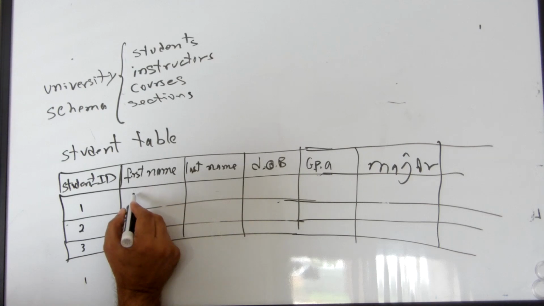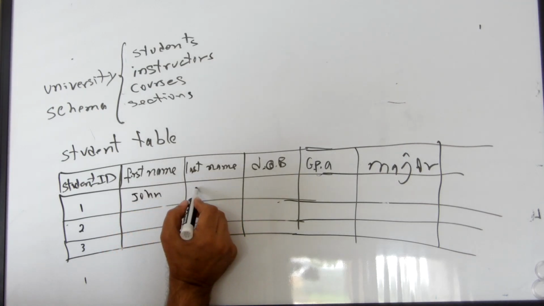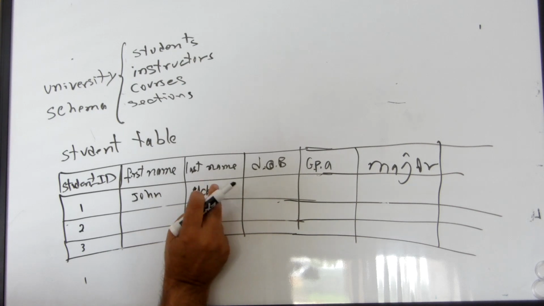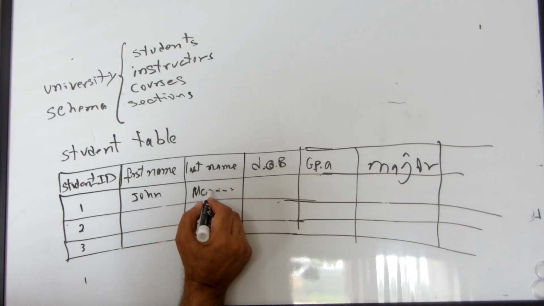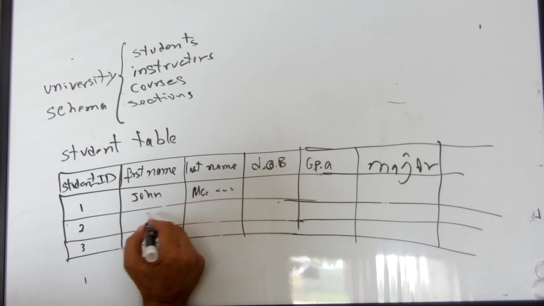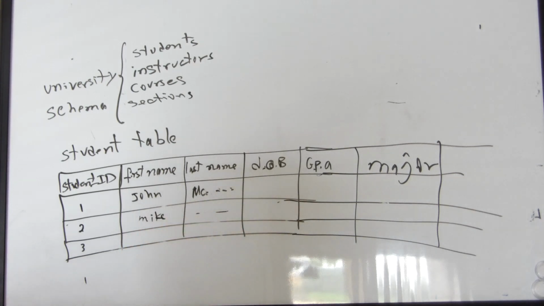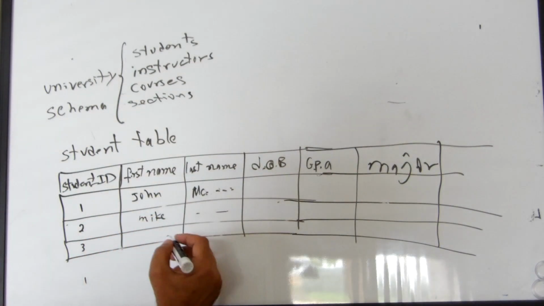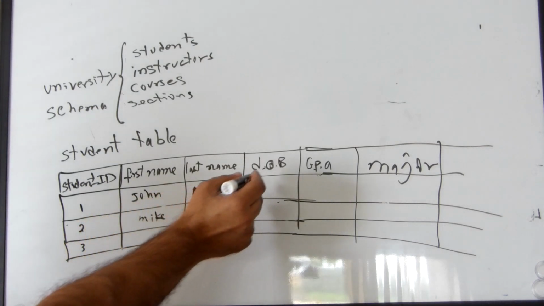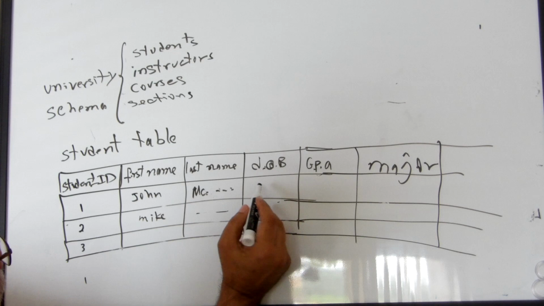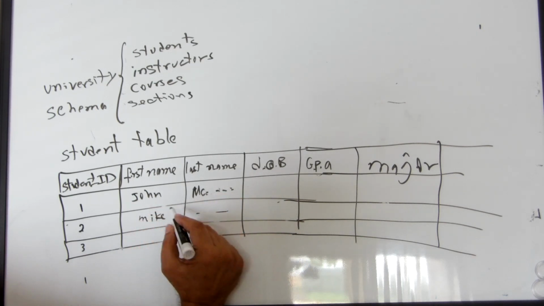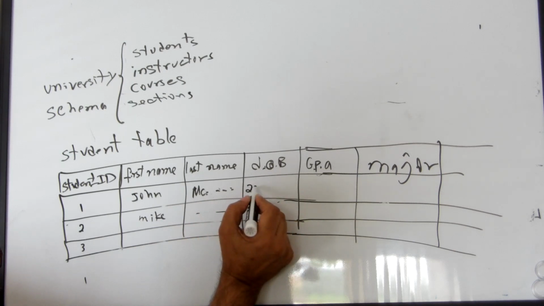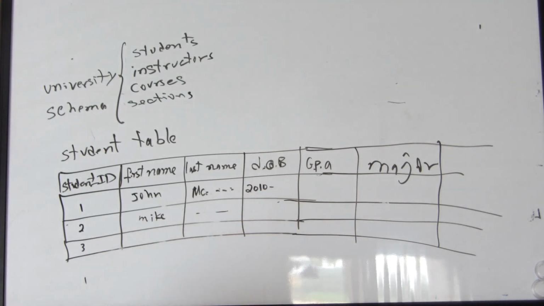The first one is John, John McKay for example, or McDonald, or any names, Mike, Joe, Trump, with first name and last name, and then date of birth, like 2010, and they put the data there.